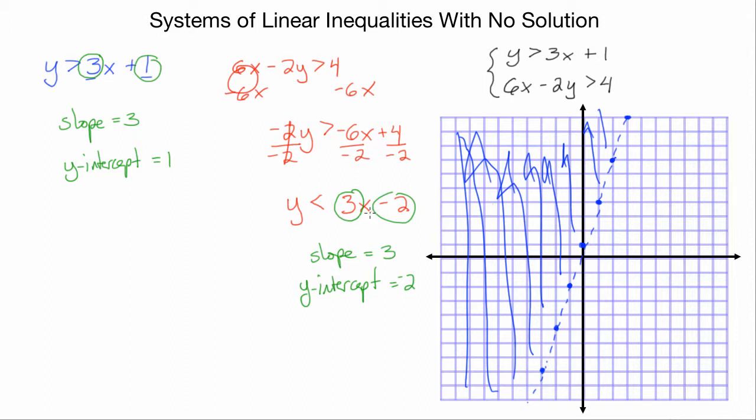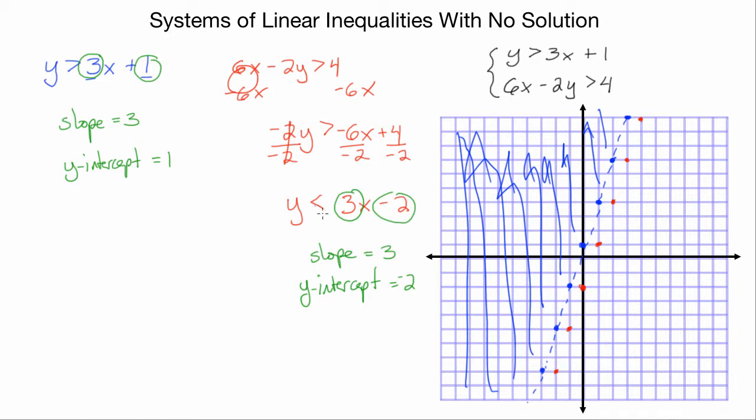So y is less than 3x minus 2, so I need the boundary line. Negative 2 is my y-intercept, so I'm going to mark that down here. My slope is also 3, so I'm going over 1, up 3. Over 1, up 3. And what do we remember about lines that are parallel? They have the same slope.